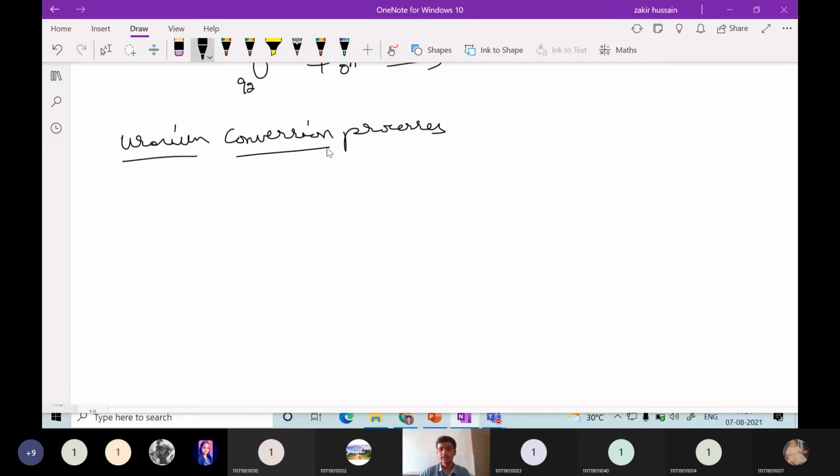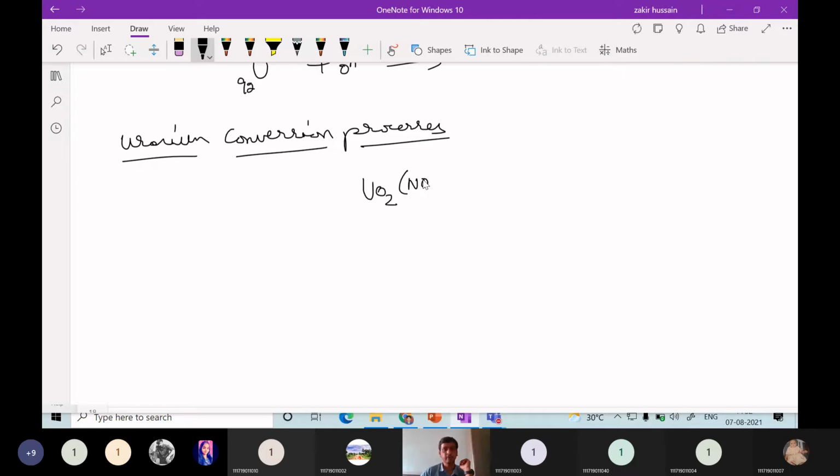As said, uranium is found only as a very small trace element in the sands or in some nitrate material, in the form of uranyl nitrate hexahydrate. So in this form it will be found.